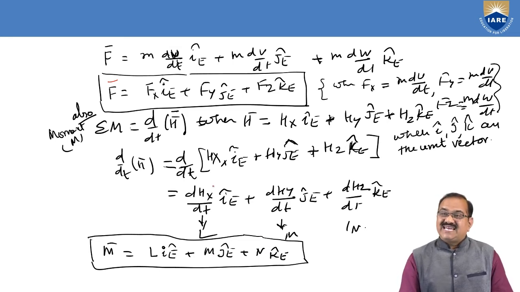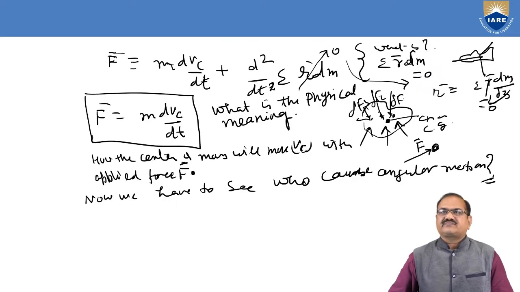Here Hx means it is the angular momentum with respect to x, Hy is the angular momentum with respect to y, and Hz is the angular momentum with respect to z. So we got the total moment, or the moment vector M bar = L i_e + M j_e + N k_e, where i, j, k are unit vectors in the earth axis system. This we have to understand.